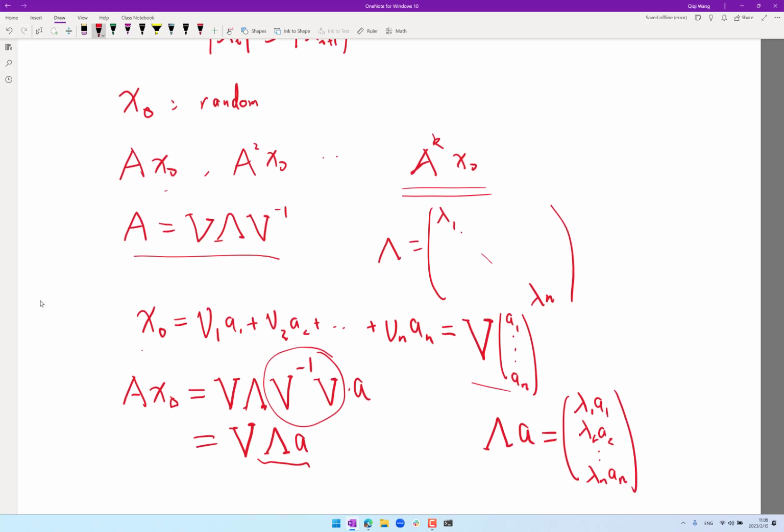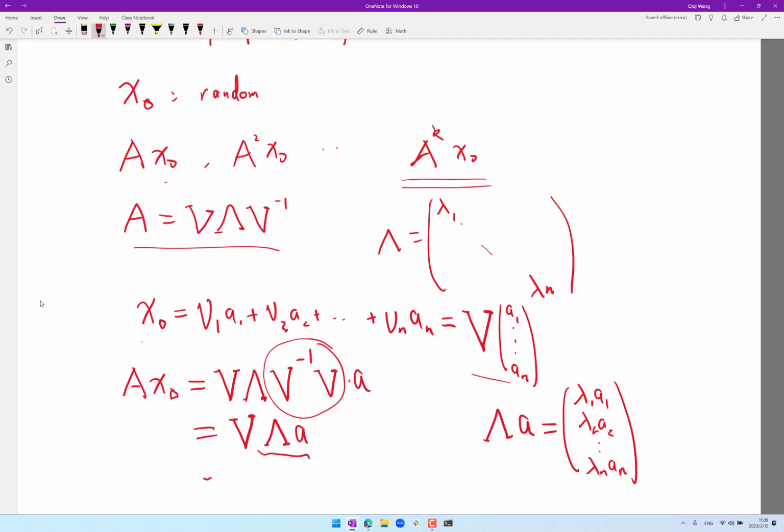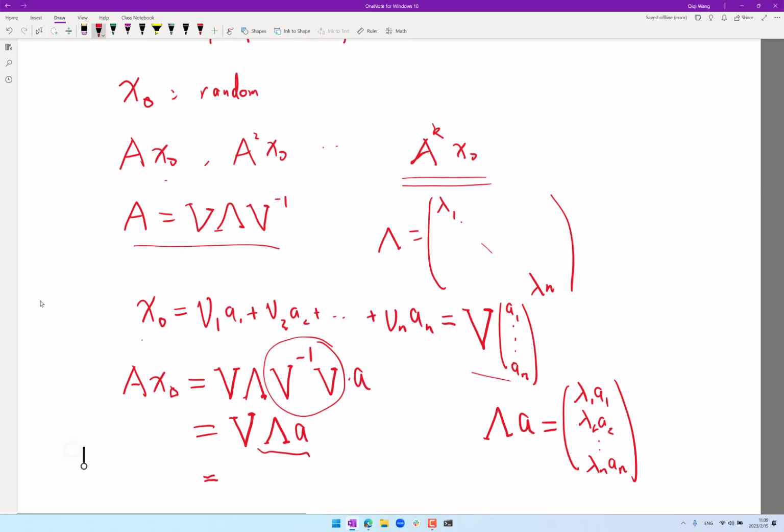And that multiplied with V can be written just as a linear combination of the different columns of V. So lambda 1 a1 times v1 plus lambda 2 a2 times v2 plus etc.